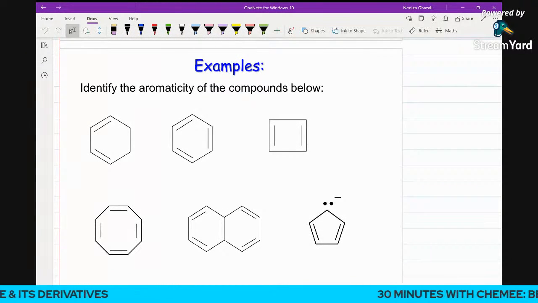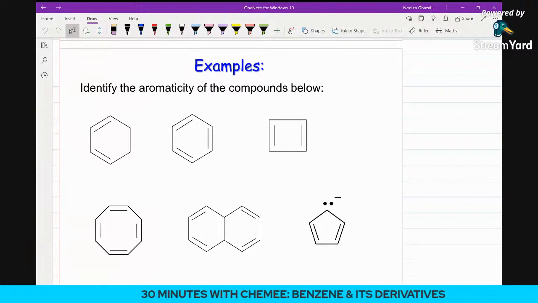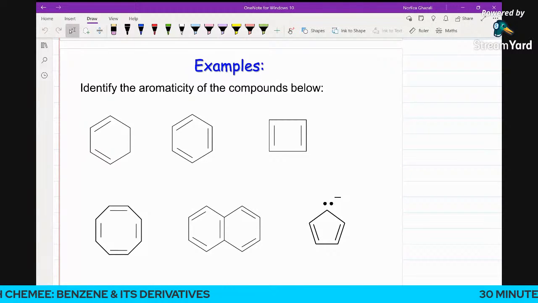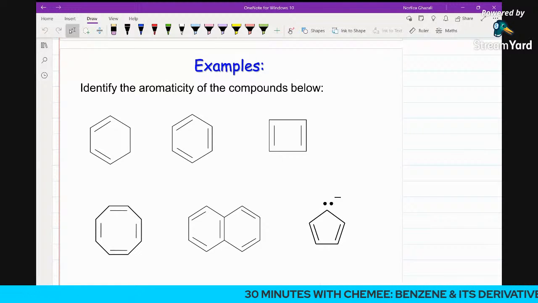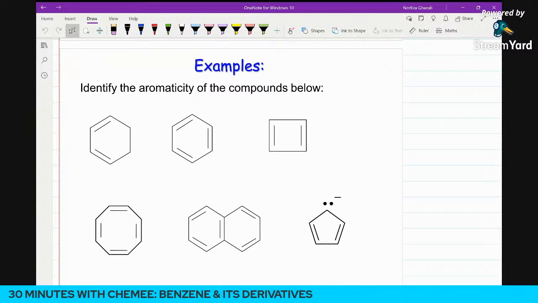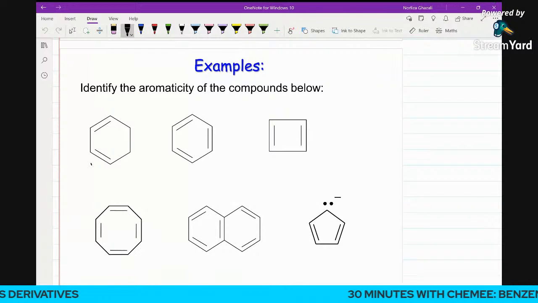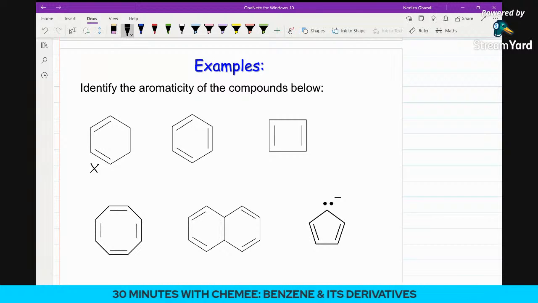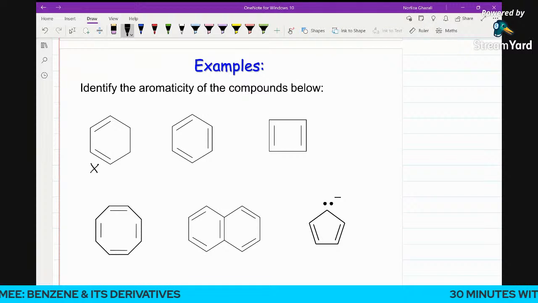Can you identify which compound shows aromaticity? Di sini boleh mengenal pasti aromatic compound. Okay, the first one only has 4 pi electrons. So this one is actually a non-aromatic compound, right? Okay, compound number 2 has 1, 2, 3, 4, 5, 6 pi electrons.